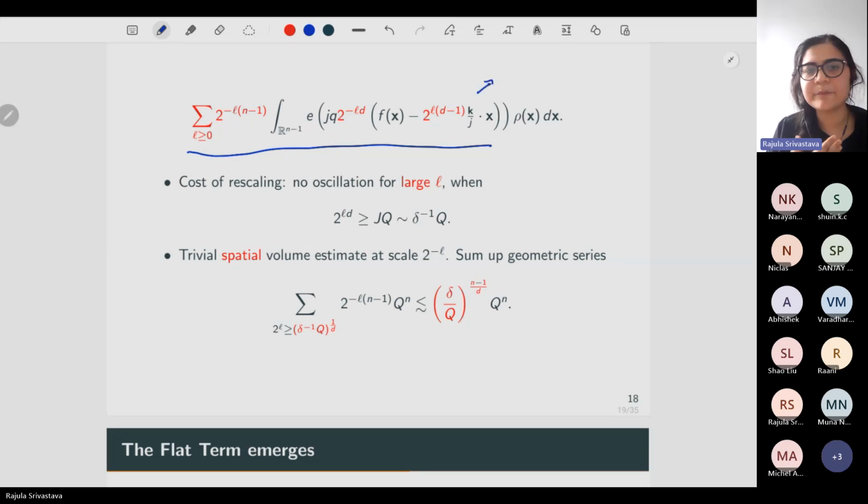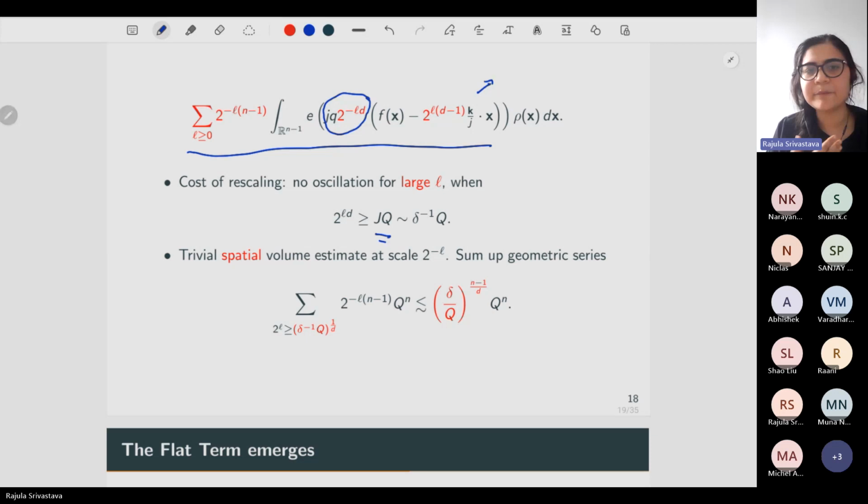Those are precisely the scales when L becomes large enough that this factor in front becomes 1, because if it's 1 or less than 1, there is no decay. That's the decay I wanted to use. So the moment your 2 to the power LD becomes bigger than j times q, taking dyadic scales, then you do not have any oscillation.